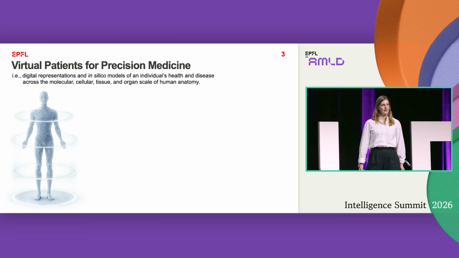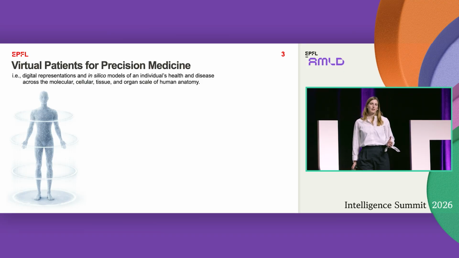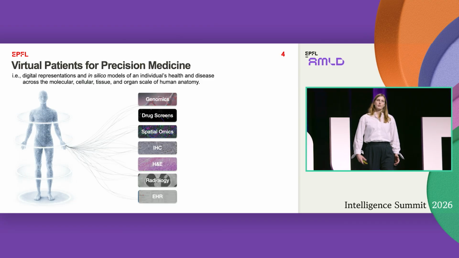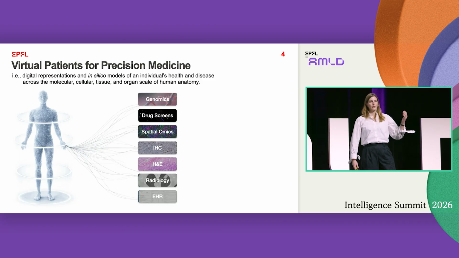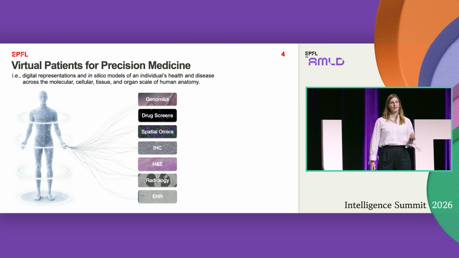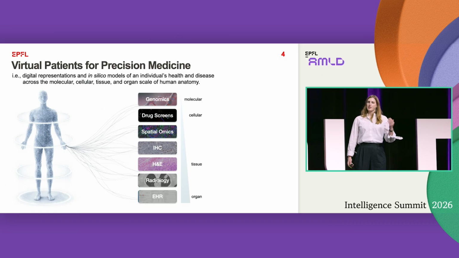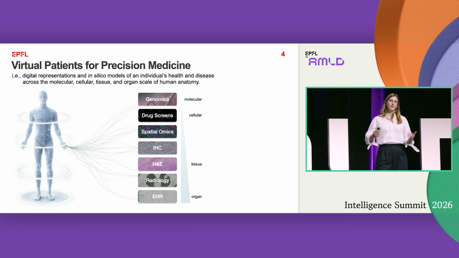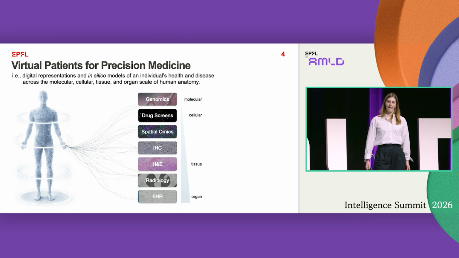It really requires AI to integrate everything that we have into a single engine, to understand what we learned from one modality and connect it to the other, and in particular to solve this challenge that sometimes even a single modality is simply too hard to analyze by a human without computation. And on top of that, every modality we measure is on a completely different scale, from molecular, cellular, tissue to organ level. Everything needs to be integrated.